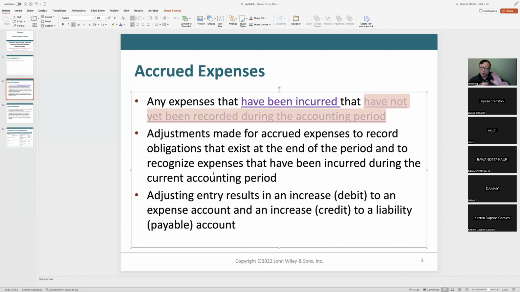So those expenses have been incurred but were not recorded. So now we need to record them, accrued expenses.